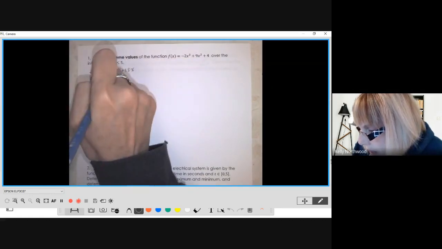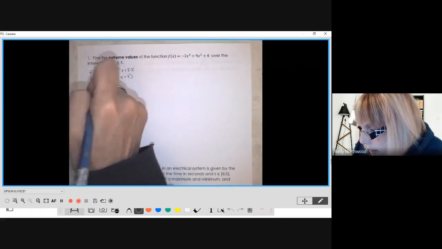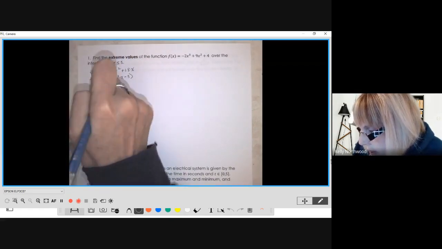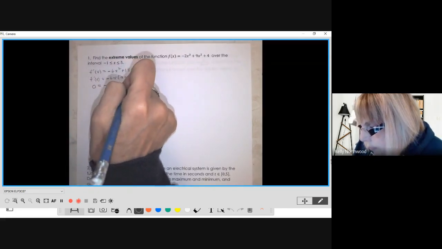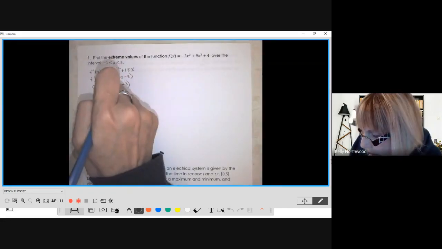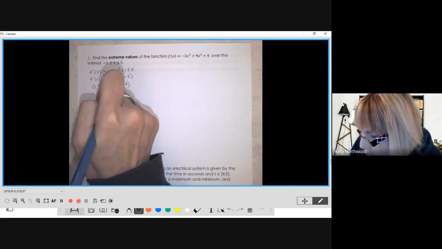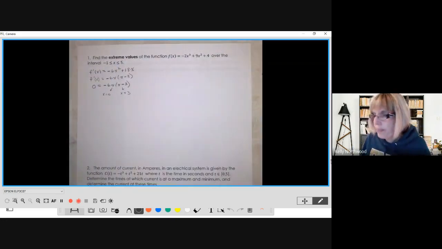So I can factor out -6x. Set it equal to 0, which will give me the places where the tangent's horizontal. Solving for x, we can see the tangent's going to be horizontal at x equals 0 and x equals 3.